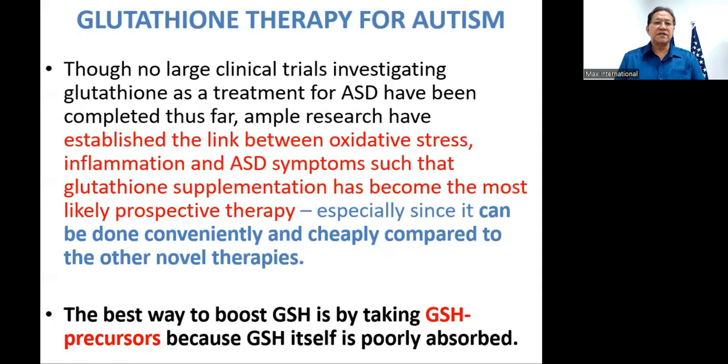Though no large clinical trials investigating glutathione as a treatment for ASD have been completed thus far, ample research has established the link between oxidative stress, inflammation, and ASD symptoms, such that glutathione supplementation has become the most likely prospective therapy, especially since it can be done conveniently and cheaply compared to other novel therapies. The best way to boost glutathione is by taking glutathione precursors, because glutathione itself is poorly absorbed.